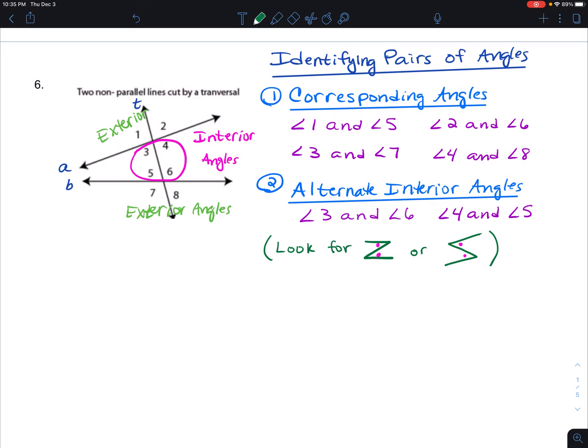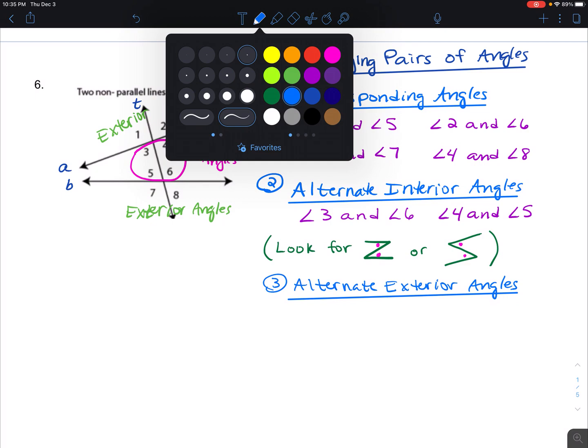Now, if we have alternate interior angles, yes, we also have alternate exterior angles. Same situation, but now we're only talking about the exterior angles 1, 2, 7, and 8.